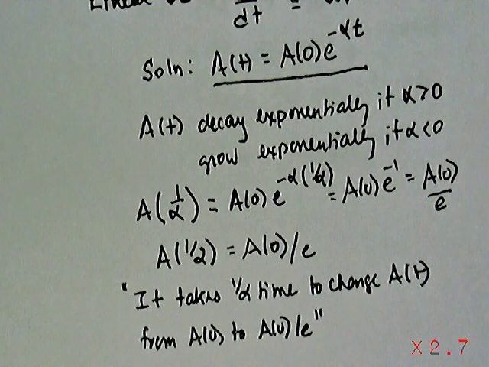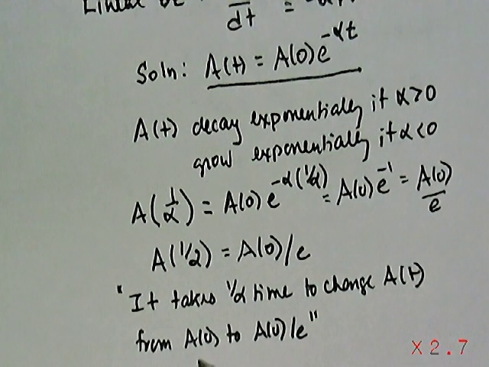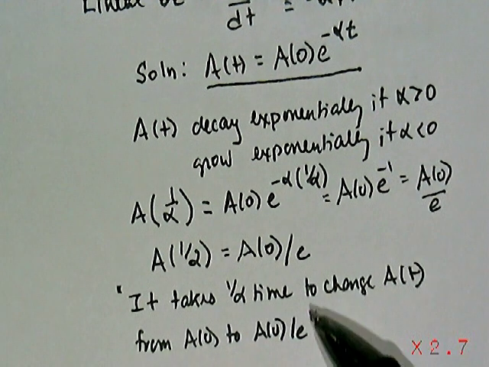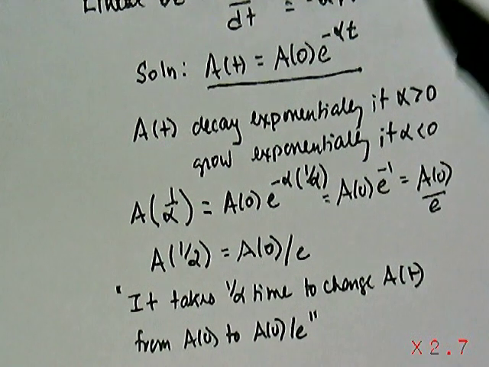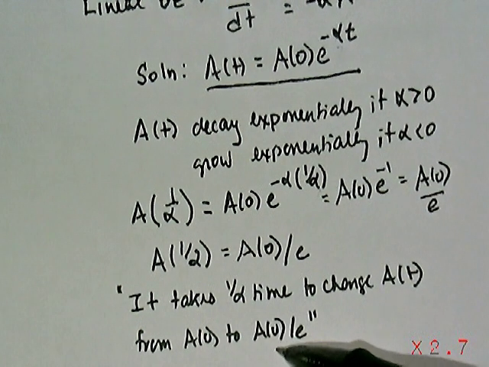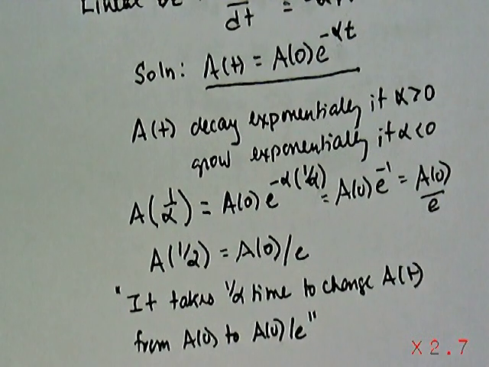So it's a reduction in the original amount that you had. It would take 1 over alpha time. So this is an example of if alpha is strictly positive, the solution is going to decay exponentially, but we'll know in 1 over alpha time it's dropped by this amount. Okay?